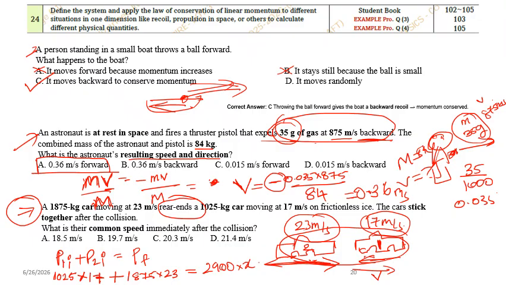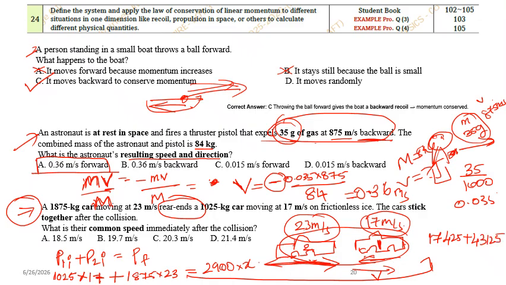So 1025 into 17. How much am I getting? I'll write the calculations somewhere over here. I don't have space over there. So when I multiply it, I'll be getting 17425 plus 1875 multiplied by 23 will become 43125.